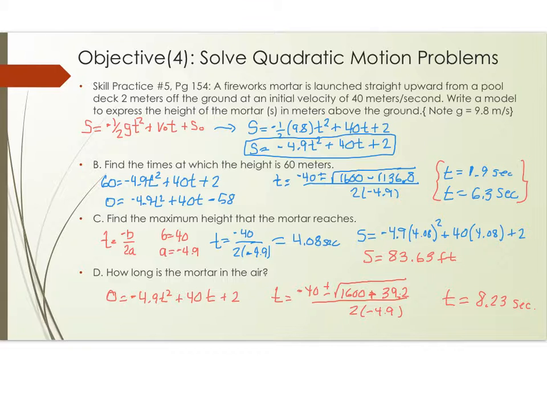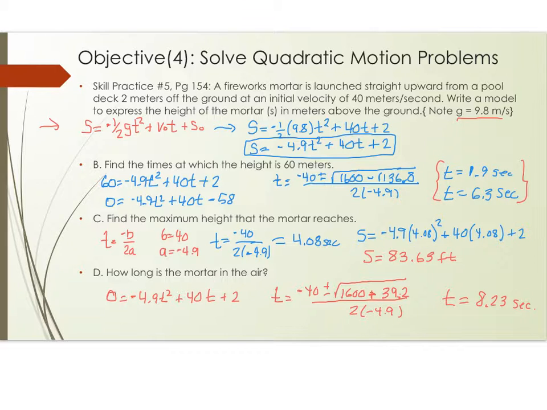We note that in this case, since it's in metric form, gravity is equal to 9.8 meters per second squared. So the formula for distance in relationship to velocity and acceleration is the following. S is equal to 1/2 g t squared plus v naught t plus s naught.